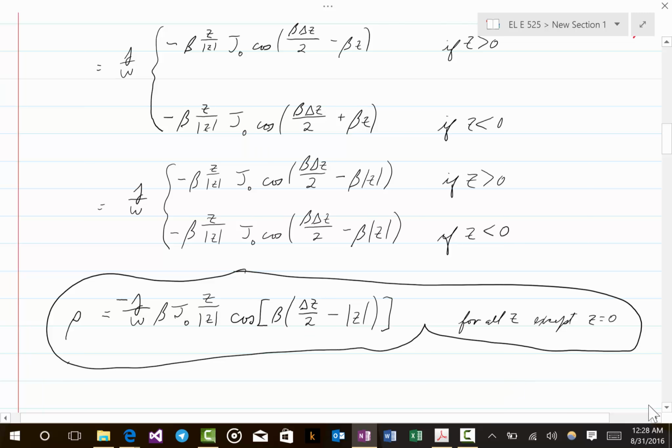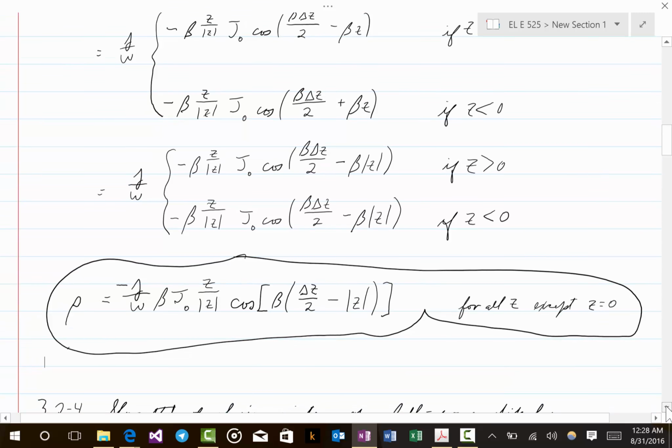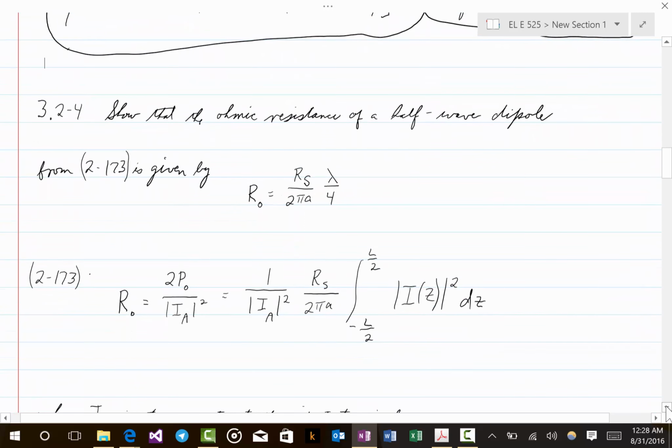And now let's go to the next problem. This is problem 3.2-4 from section 2 of chapter 3. And in this one, we're asked to show that the ohmic resistance of a half-wave dipole, using equation 2-173, is given by this formula here.